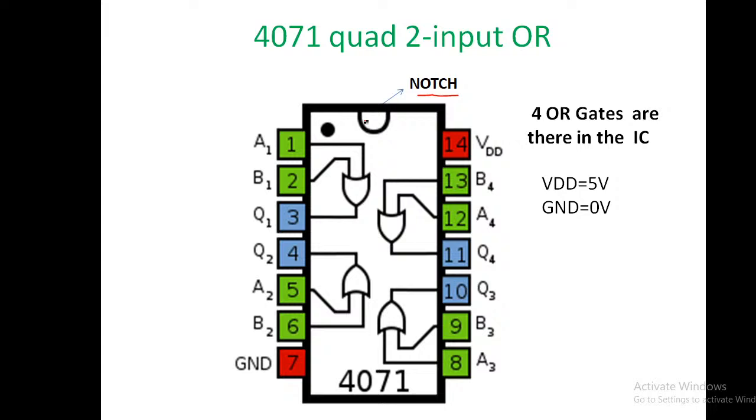How it will be erroneous, I am telling you. Can you tell me the difference between the 4000 series OR gate and the 74 series OR gate?